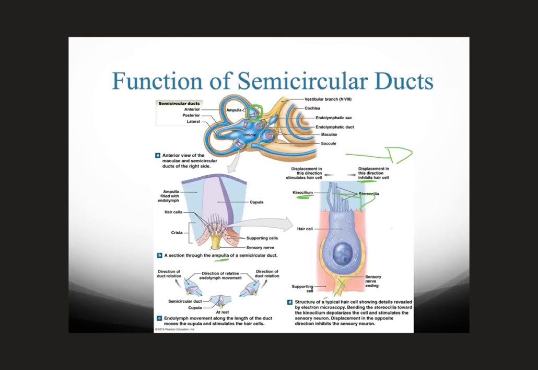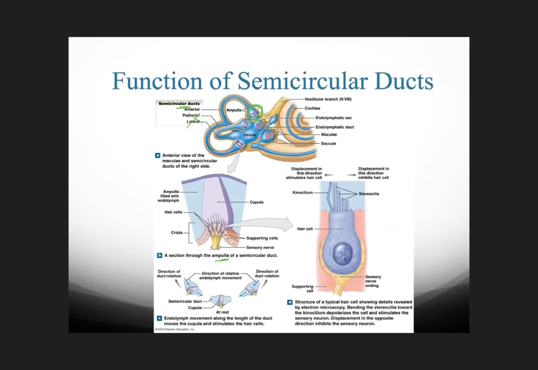Okay? And by tilting your head to one side or to the other side, you're going to either be stimulating the anterior ampulla, or on the opposite, inhibiting maybe the posterior and the lateral.